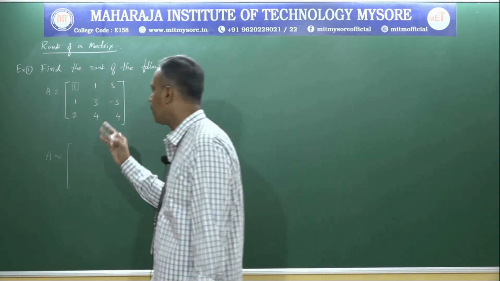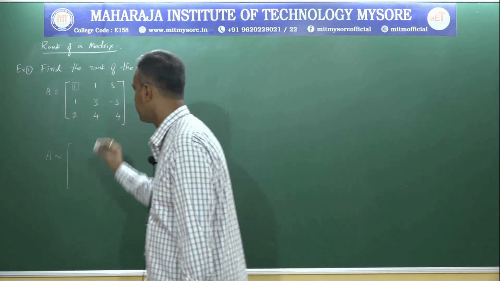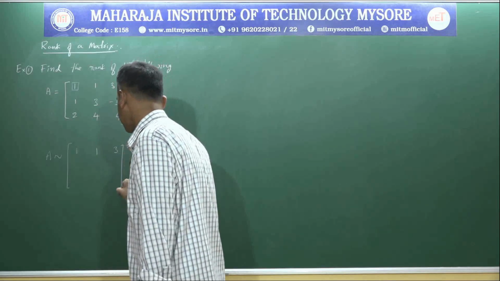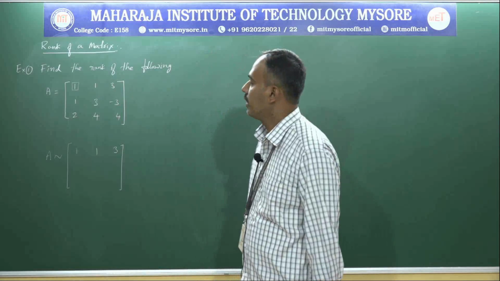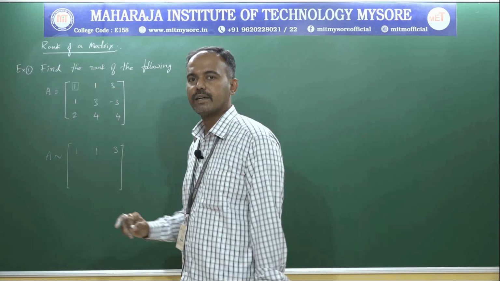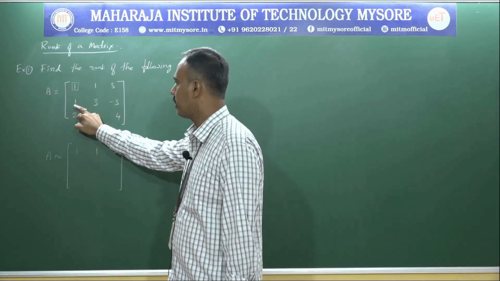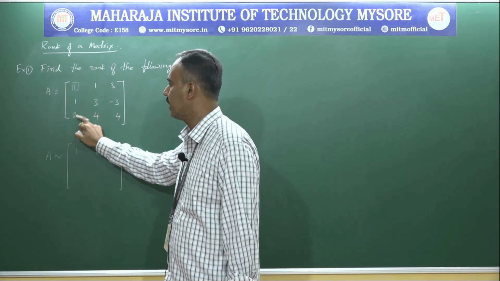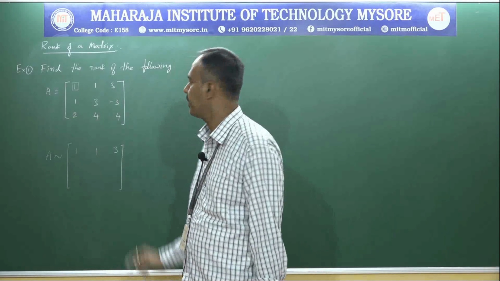After representing it in echelon form, we can conclude the rank of the matrix. The first row elements have no changes, they stay the same. Now concentrate on the second row elements. We try to make the first element of row 2 equal to 0.